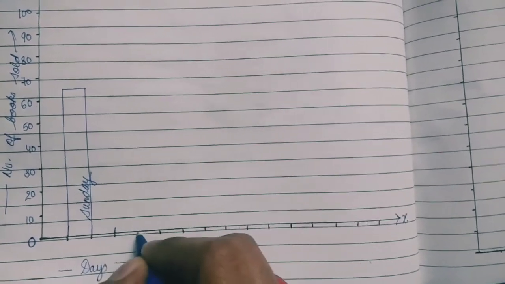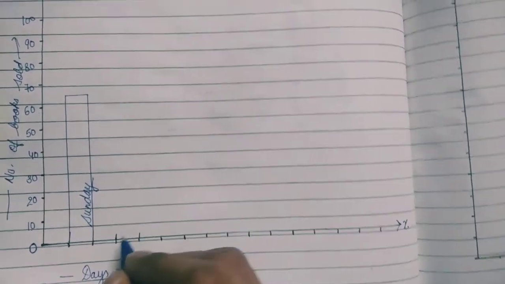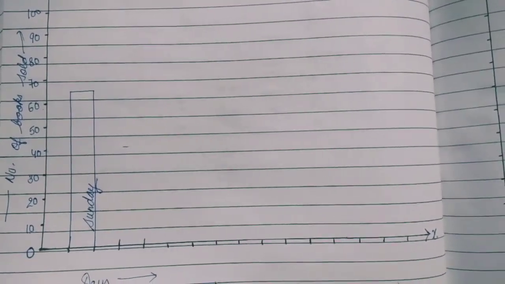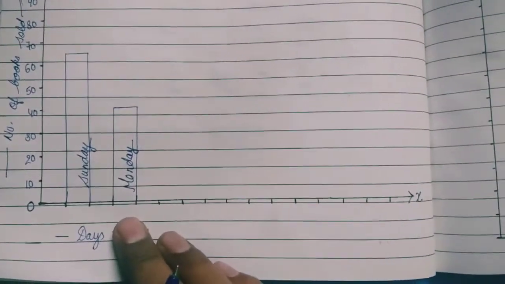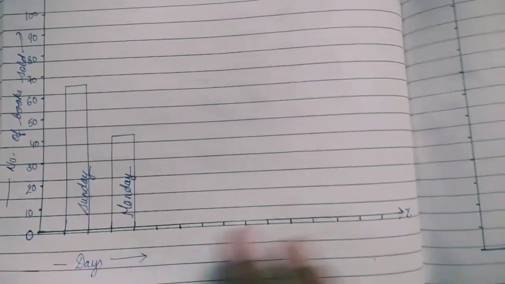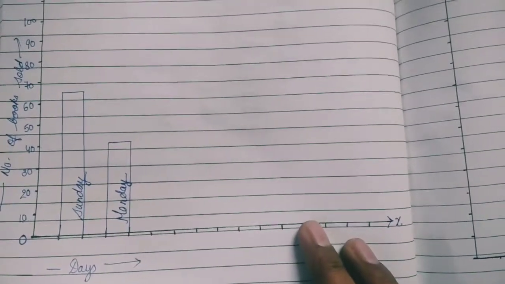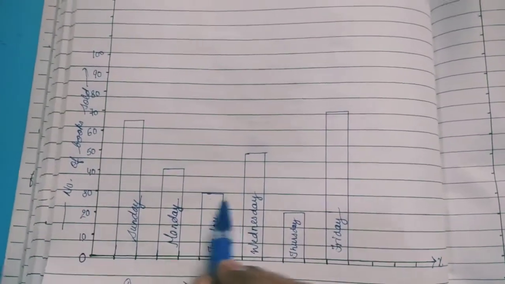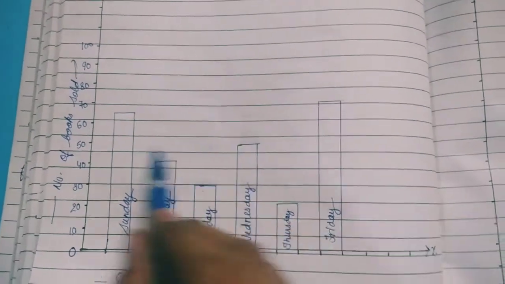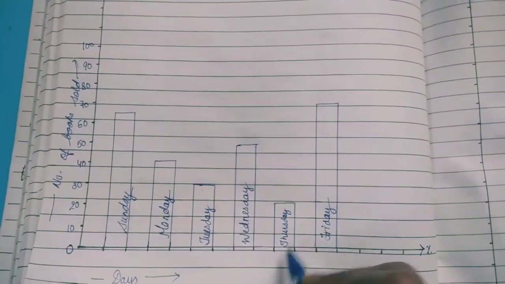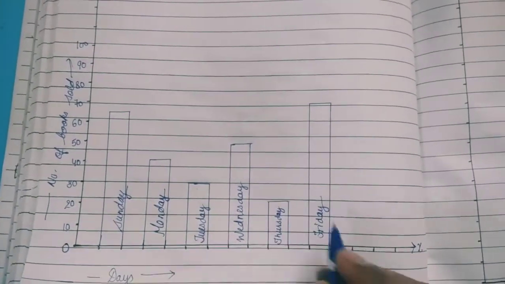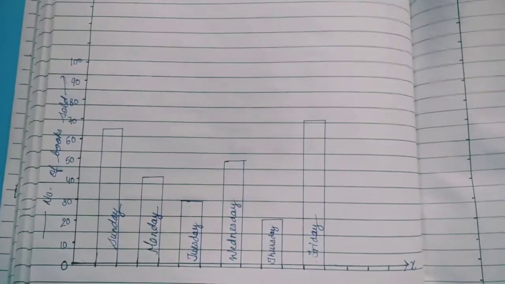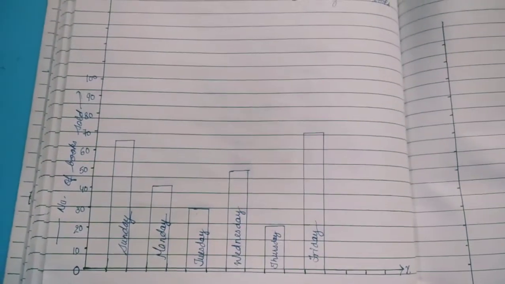From here we will start drawing a bar which is in front of 40, as here, and in the same way we will draw the remaining ones. Tuesday's top is in front of 30, Wednesday's top is in front of 50, Thursday's top is in front of 20, and Friday's bar top is in front of 70. So here we completed the second question.